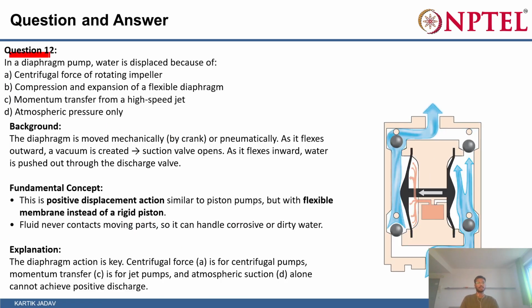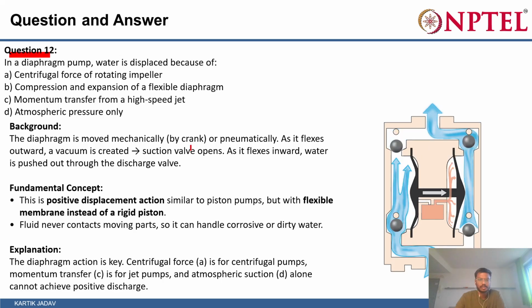Question number 12. In a diaphragm pump, water is displaced because of. So in a diaphragm pump, water is generally displaced because of the diaphragm, which is operated mechanically by a crank or pneumatically.